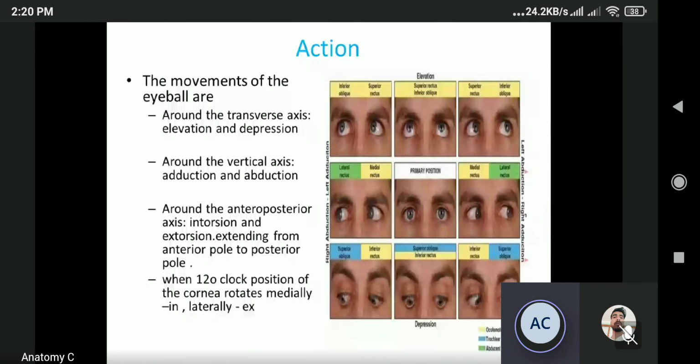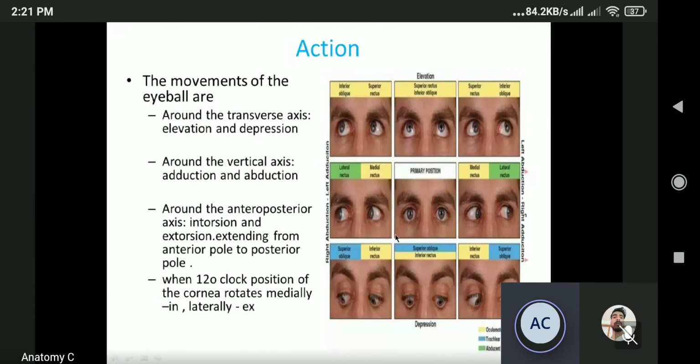So, actions of the eyeball: movement of the eyeball in different axes. First, look at it. If this is the transverse axis, then around the transverse axis, elevation and depression will occur. Now make this one the vertical axis.